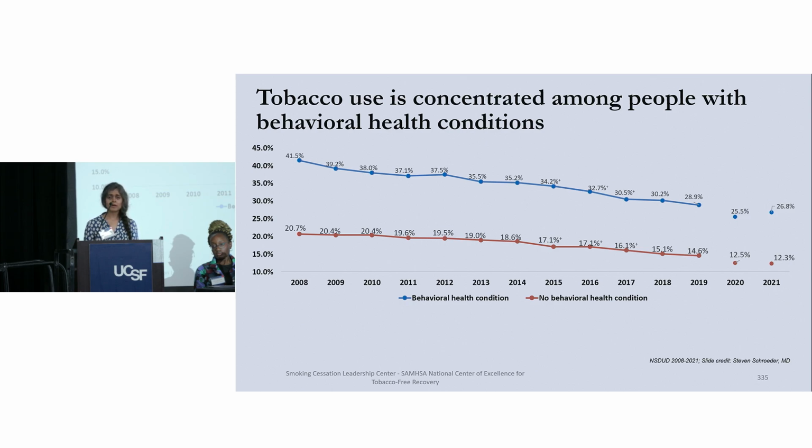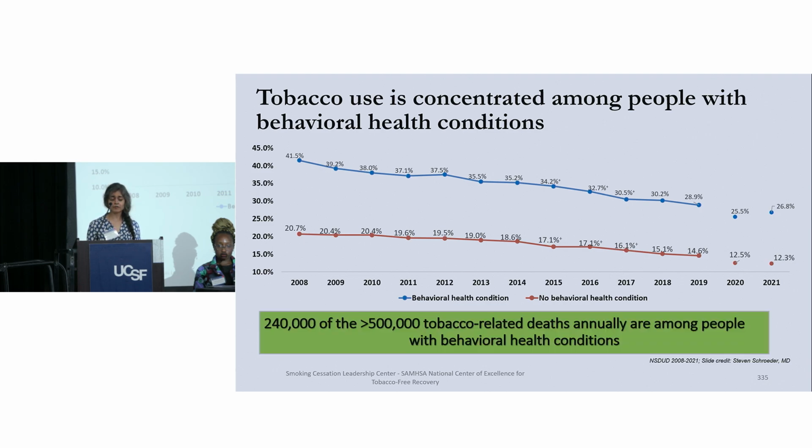And within the population with behavioral health conditions, rates are much higher among people who are living below the federal poverty line, people experiencing homelessness, those who've had criminal legal system involvement, sexual and gender minorities, and racial and ethnic minorities. Of the 500,000 deaths yearly from tobacco-related illness, it's a staggering rate: 240,000 of those are among people with behavioral health conditions.